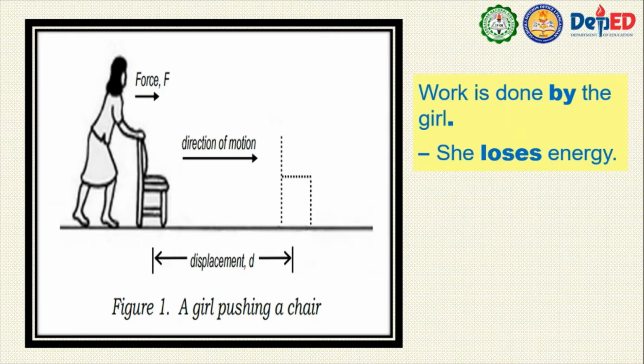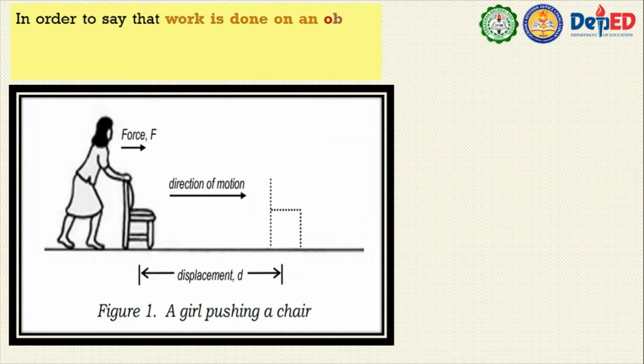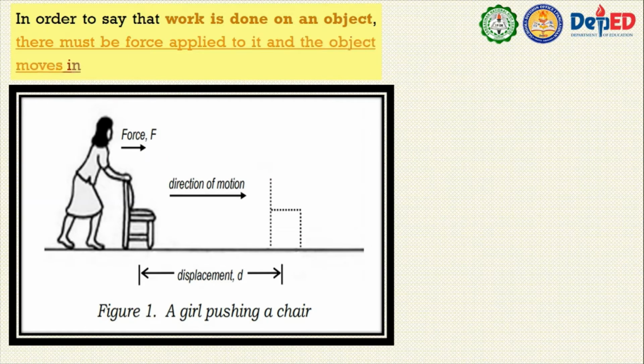It moves from one point to another when the force is applied. Therefore, work is done on the chair. As the chair moves, it gains energy. In order to say that work is done on an object, there must be force applied to it, and the object moves in the same direction of the applied force.